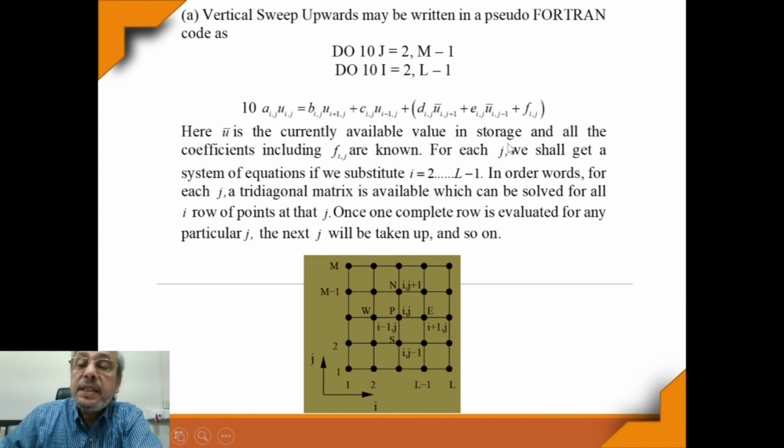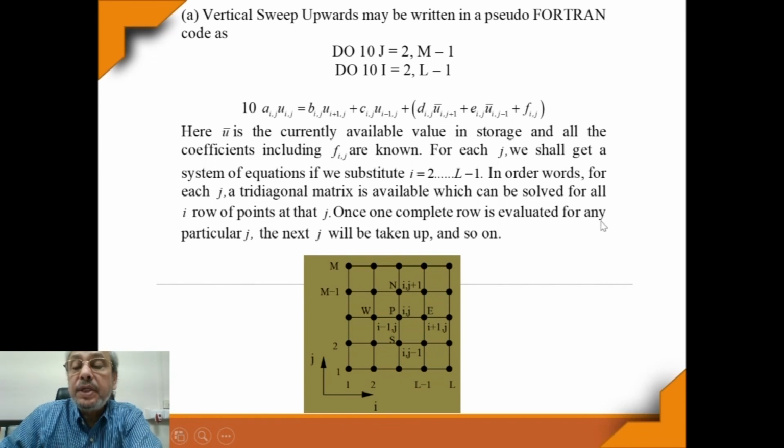So for each j, we shall get a system of equations if we substitute i equal to 2 to L minus 1. In other words, for each j, a tridiagonal matrix is available which can be solved for all i, the row of points at that j.